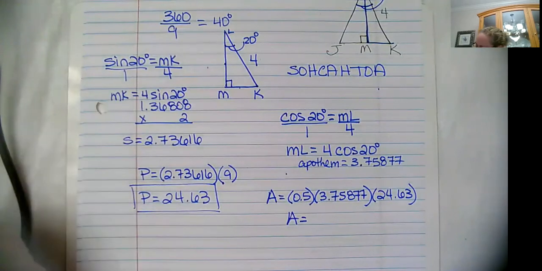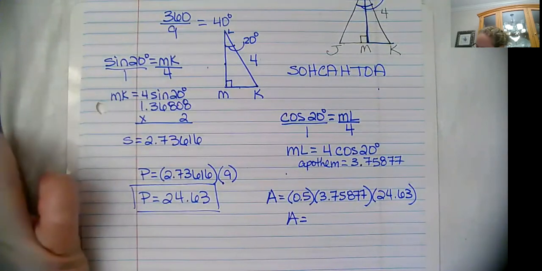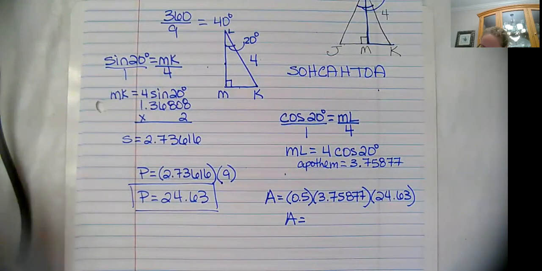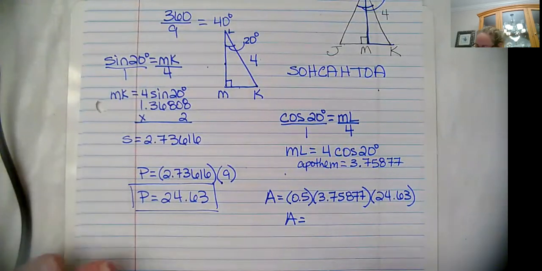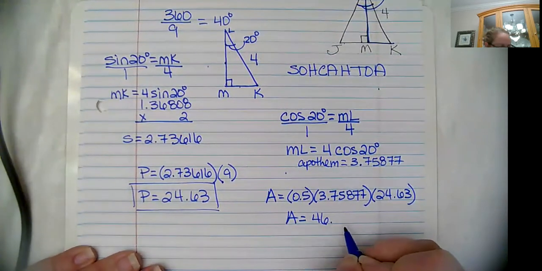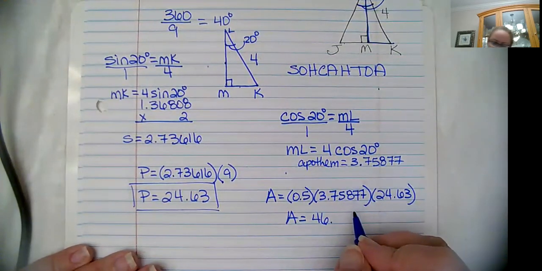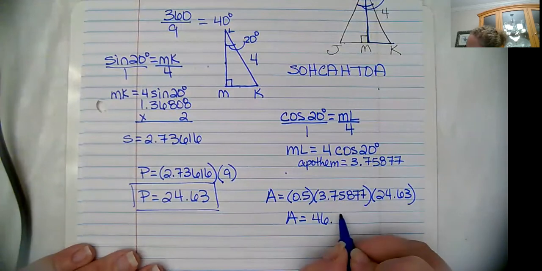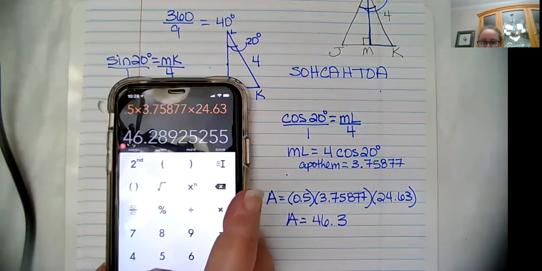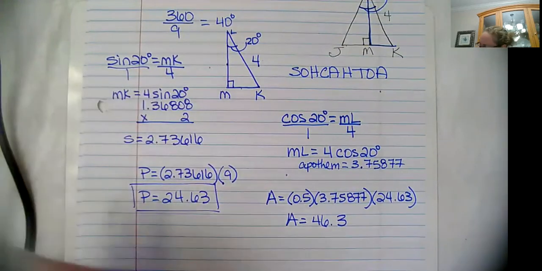We get our area to be 0.5 times 3.75877 times 24.63, and we get 46.29. Let's see what they put. They said 46.3. Perfect. So 46.3 when we round. Make sure to always round.